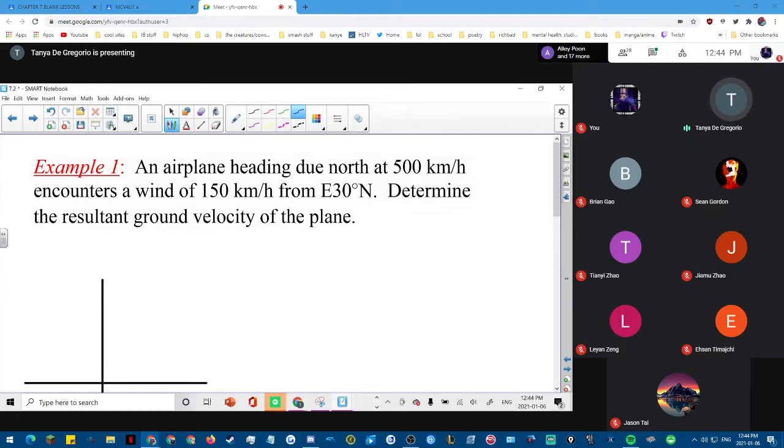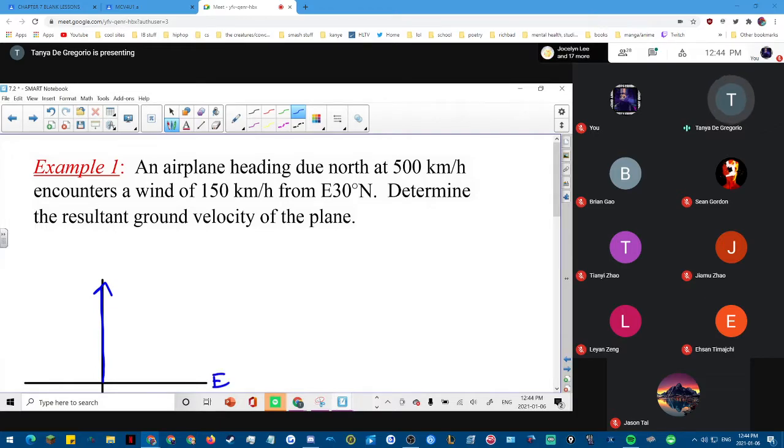So the first vector that you should draw is heading north, and we know that it has a magnitude of 500. The second one is the wind, and it's coming from 30 degrees north of east. So here's east.